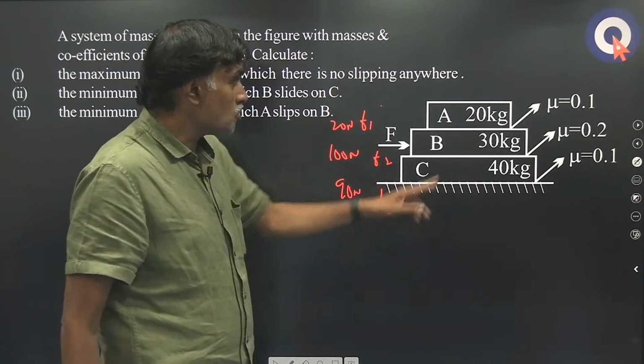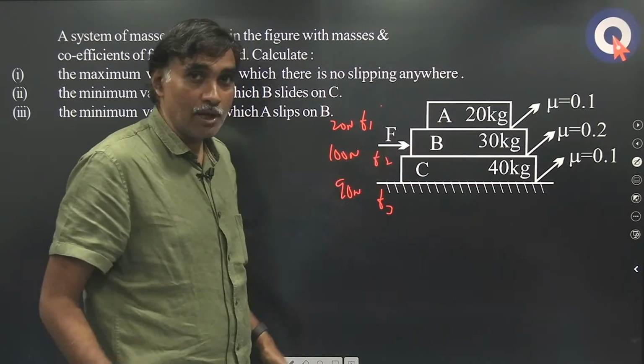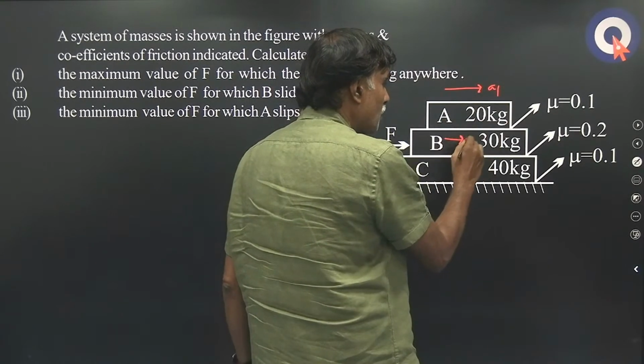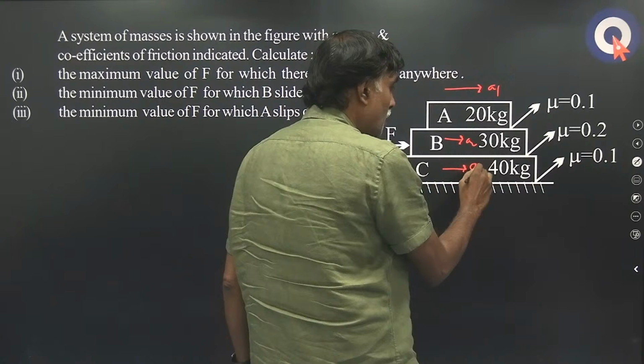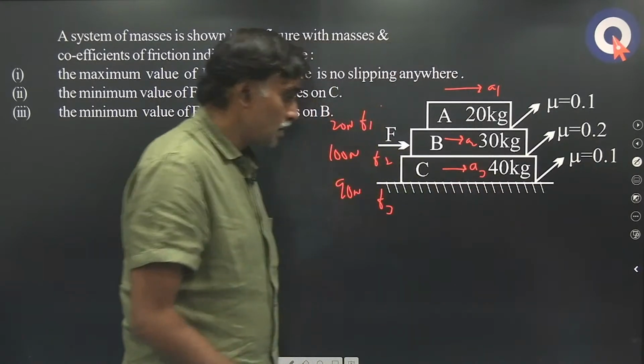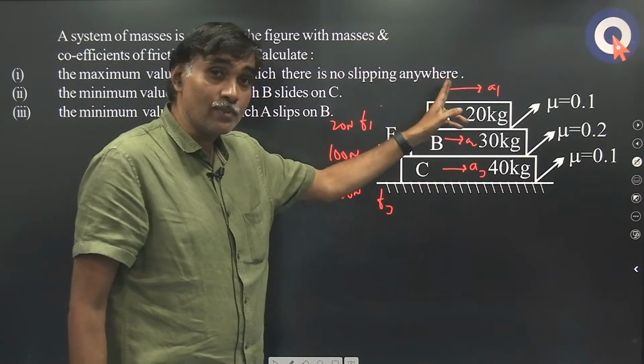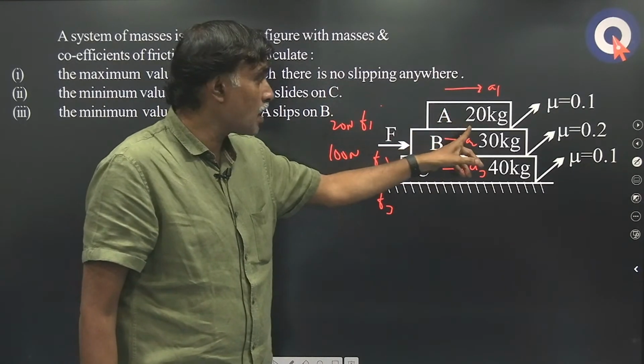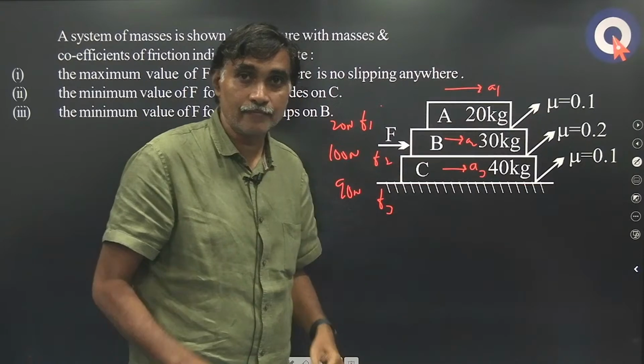Okay. So when acceleration is maximum, assume the acceleration of block A is a1, let us say. The acceleration of block B is a2. The acceleration of block C is a3. The acceleration of block A is maximum when F1 is maximum. F1 on block A will act towards the right.